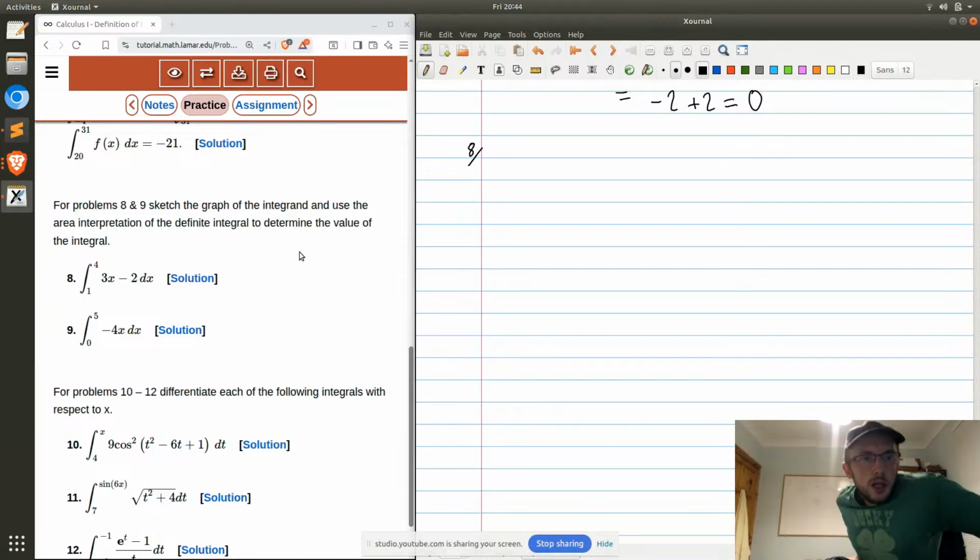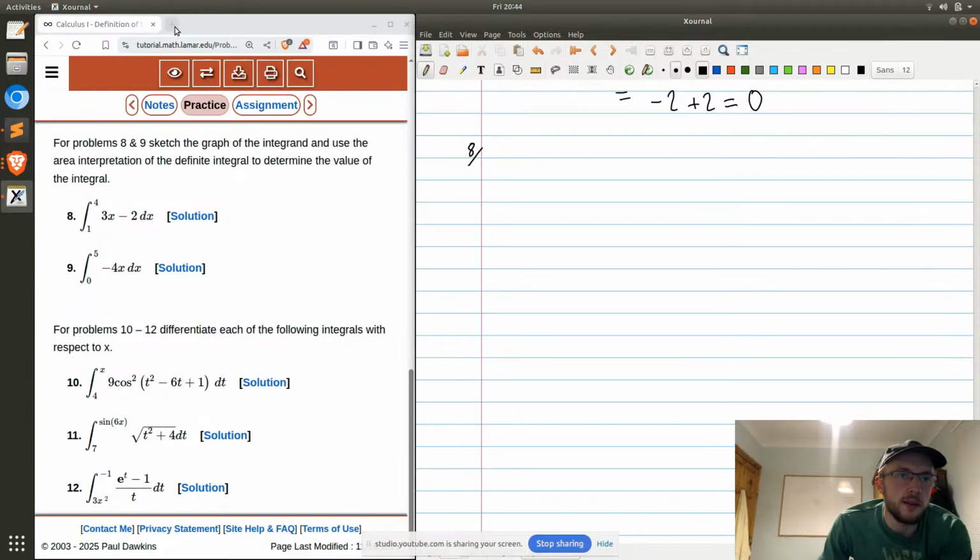Problems 8 and 9, sketch the graph of the integrand and use the area interpretation of the definite integral to determine the value of the integral. Okay, so we need graph paper.